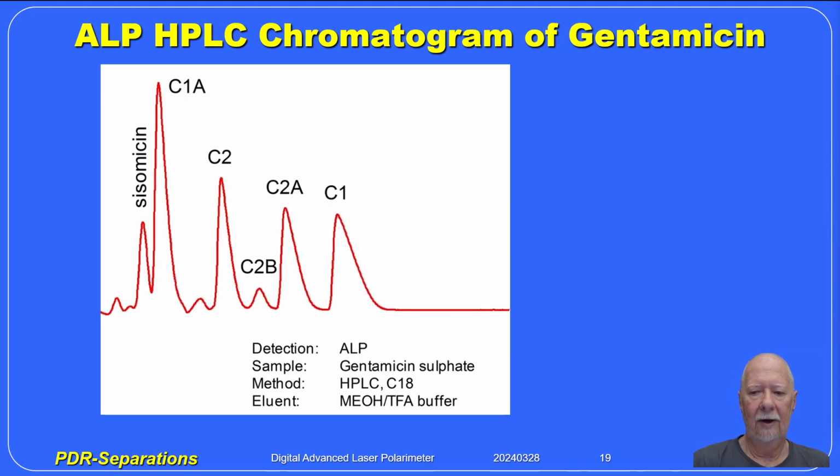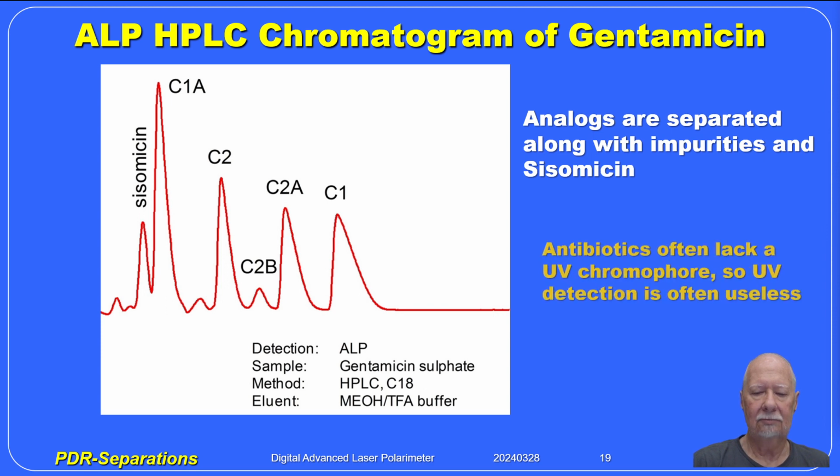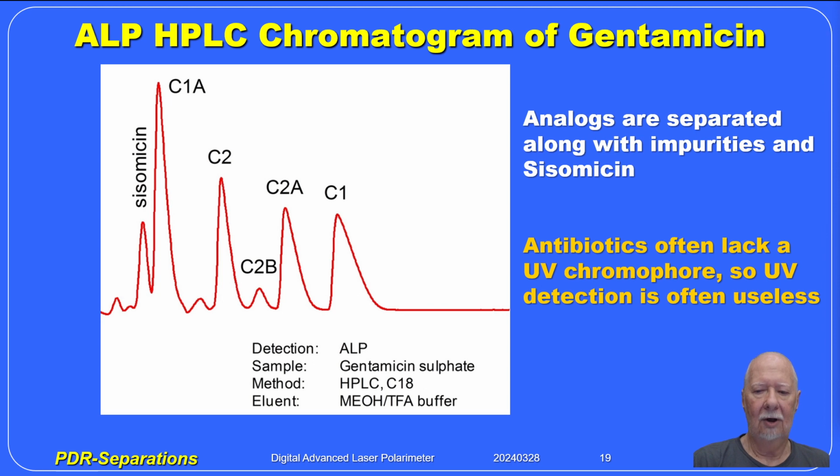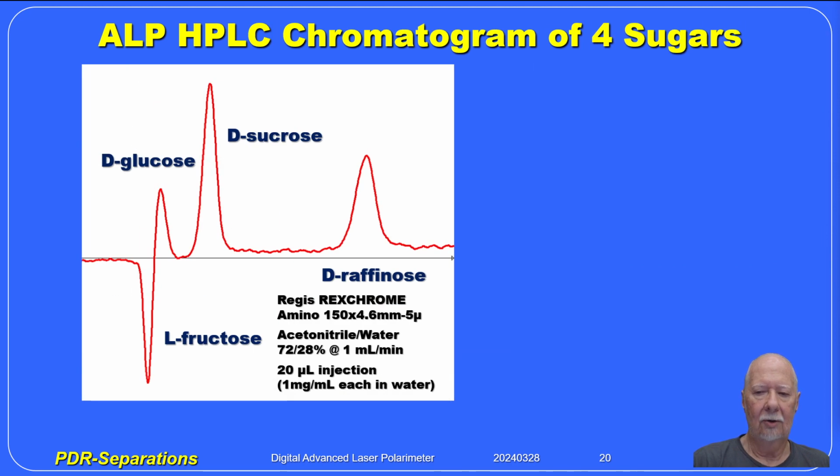Here is a chromatogram of gentamicin, an antibiotic. The analogs are separated along with impurities and sisomicin. Antibiotics often lack a UV chromophore, so UV detection is often useless. Here's a chromatogram of 4 sugars.